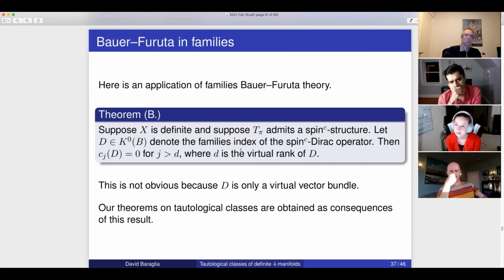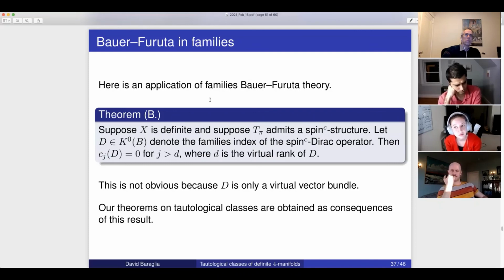So there is an analog of this theorem, but it's not clear that it can be used to say anything about tautological classes. So directly, it does not. This theorem on this slide does not directly involve the Seiberg-Witten moduli space. Yeah, that's correct.